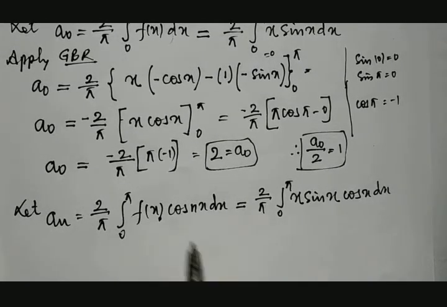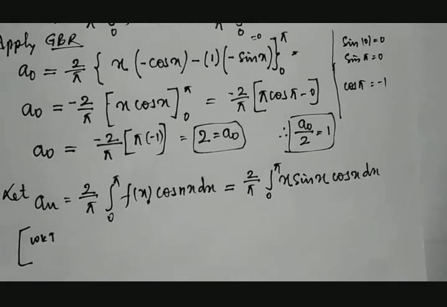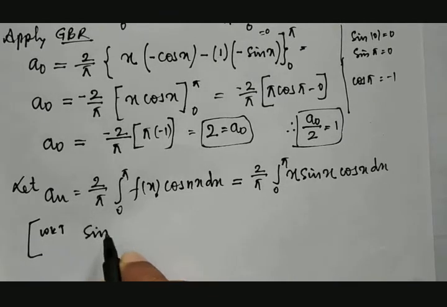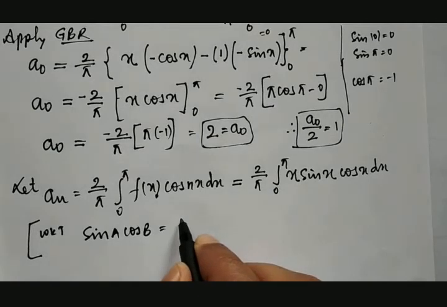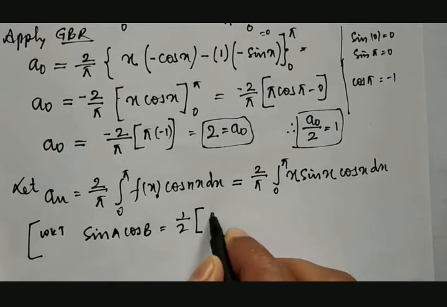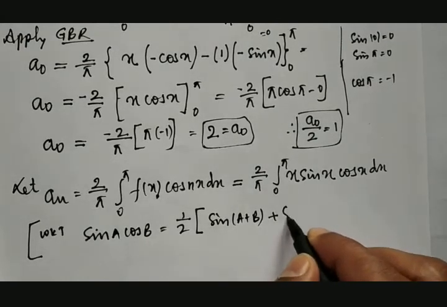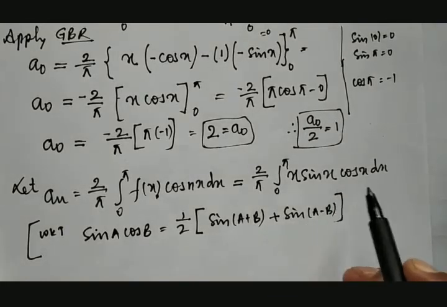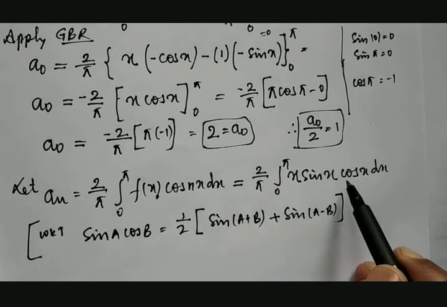What to do? We know the trigonometric formula, which says sin A into cos B is equal to 1 divided by 2 times sin of A plus B plus sin of A minus B. If you compare this function here, then it becomes sin A cos B. Means what we are having?